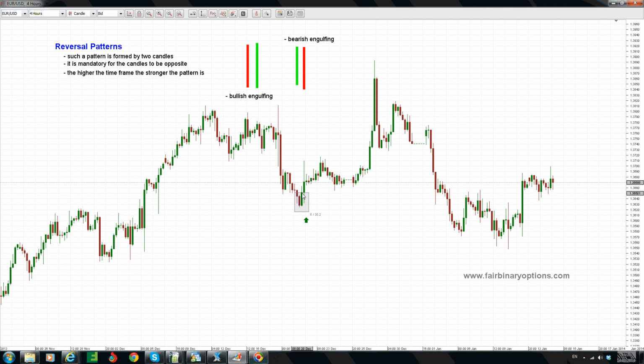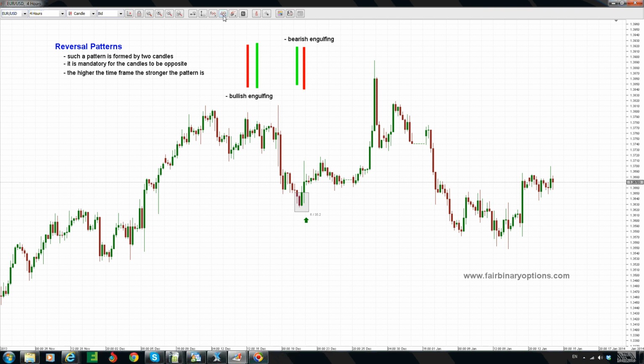Wait for price to retrace 50% on the second candle. So in a bullish engulfing, wait for price to retrace 50% of this candle, and then engage into buying the calls. On a bearish engulfing, wait for the price to retrace 50% and then engage into buying the puts.